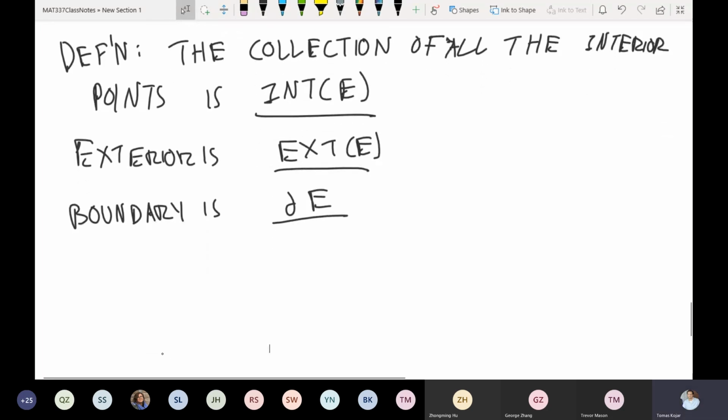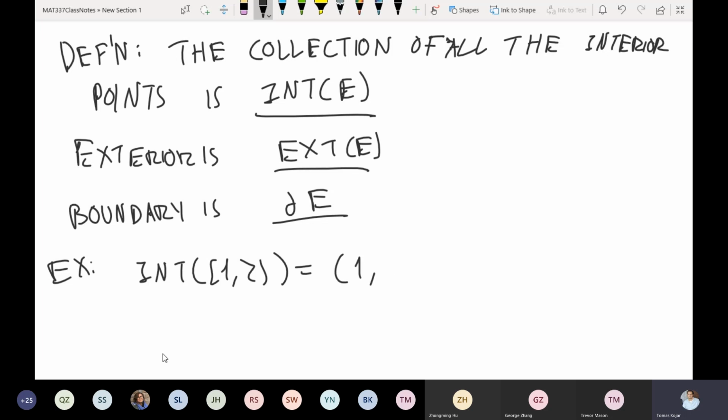So coming back to the example, the interior of closed [1, 2] is the open interval (1, 2).